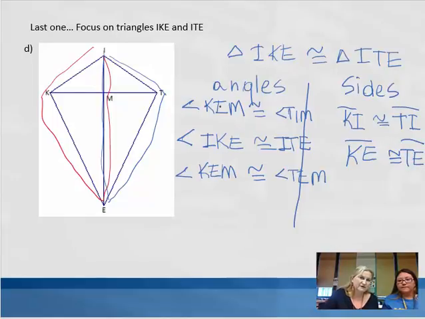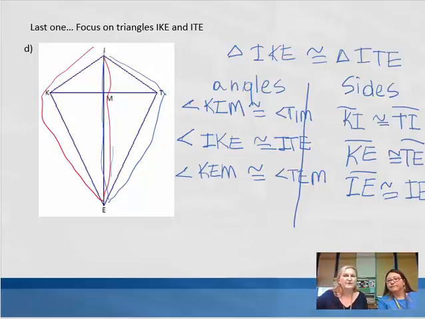And the third side, if you notice, both triangles are sharing this side right here. So IE is actually congruent to itself. So I have side IE is congruent to side IE. And that's actually one of the properties. It's called the reflexive property. So when we get to proofs in the future, we'll be applying that to some of the triangles. Okay, so I think that's our last example.